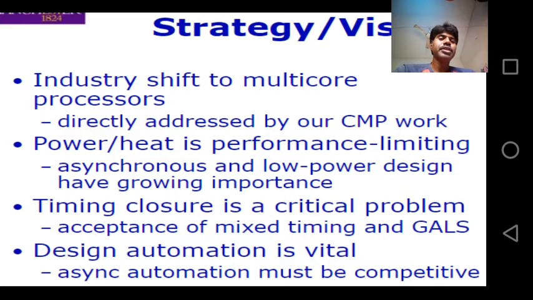So this is directly addressed by our CMP network. Power and heat are performance limiting. That means power or heat is performance limiting. Asynchronous and low power design have growing importance.